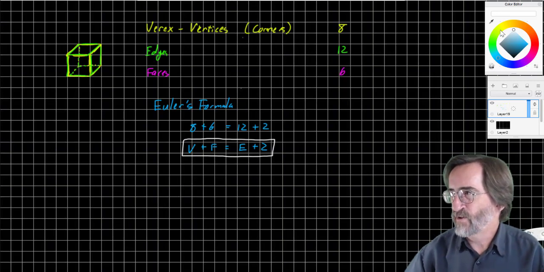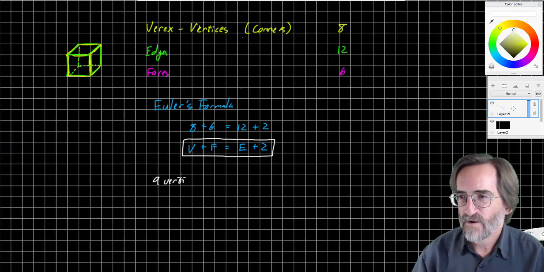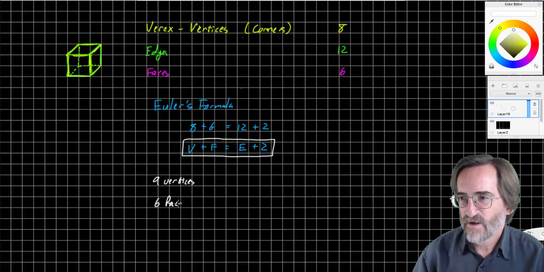For example, what if a polyhedron has 9 vertices and 6 faces? How many edges does it have? Well, 9 vertices plus 6 faces equals edges plus 2. 9 plus 6 is 15.